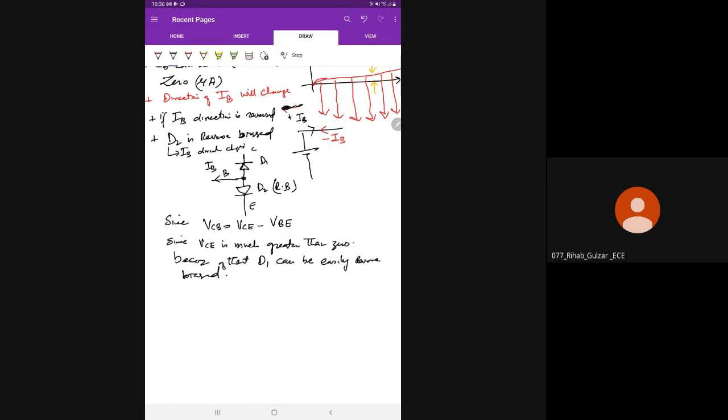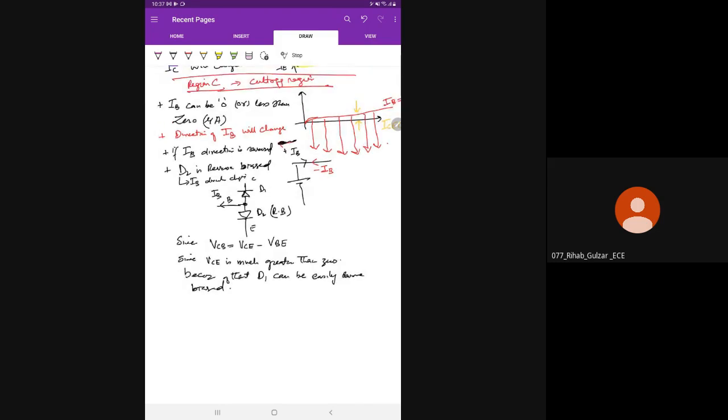तो क्योंकि इसमें easy reverse bias होता है. In cutoff region, you should remember that D1 and D2 both are reverse biased. Why is D1 reverse biased? Because VC is much greater than 0. तो N side पे collector में क्या है? We are talking about NPN, so collector is N type, and you are applying a certain positive voltage.